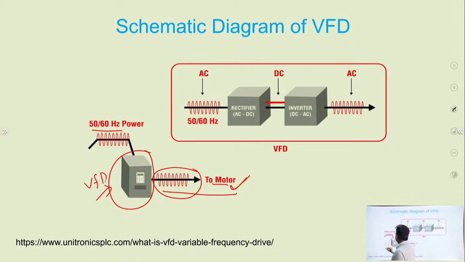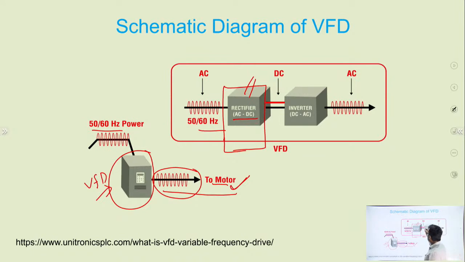It is this. First of all, the supply is fed to the rectifier unit. This is made up of diodes, or controlled SCRs can be used, and the conversion is done from AC to DC.